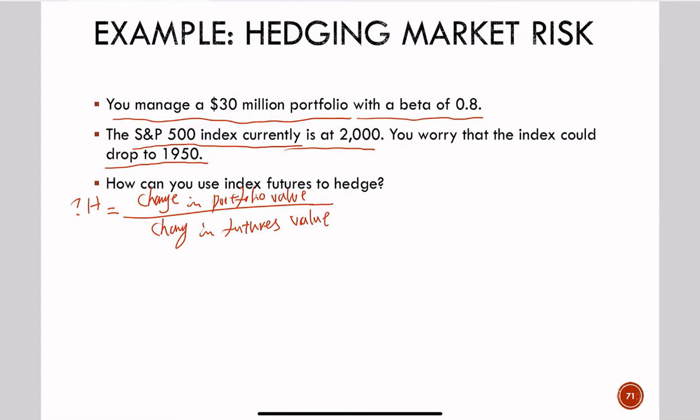Let's say the S&P 500 index decreases from 2000 to 1950. Now, what is the change in your portfolio's value? Well, obviously your portfolio value will be lower, right?